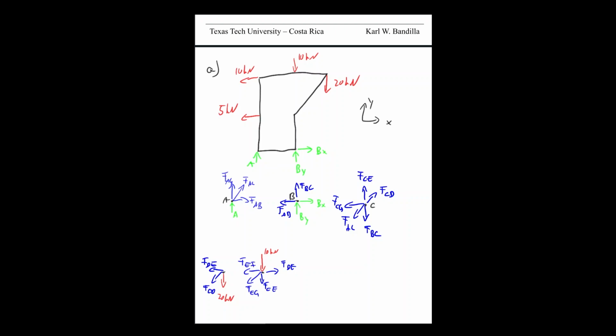This was point E. Oops, we forgot to say this was point D.